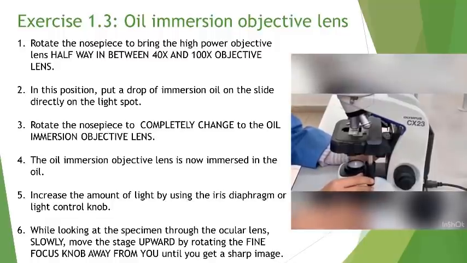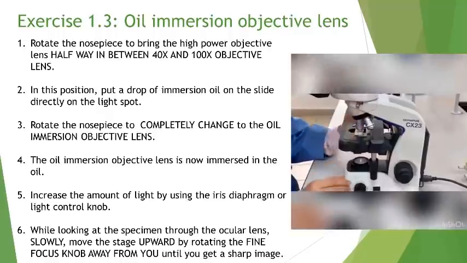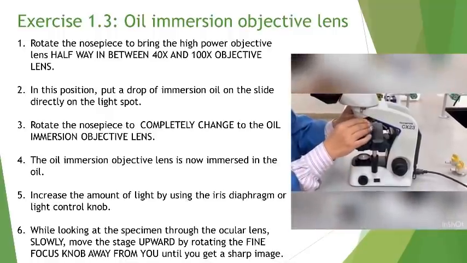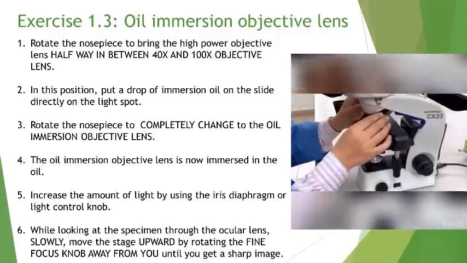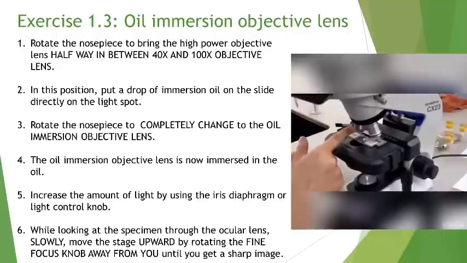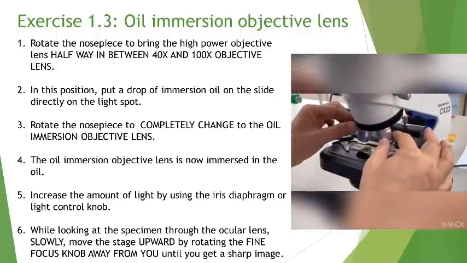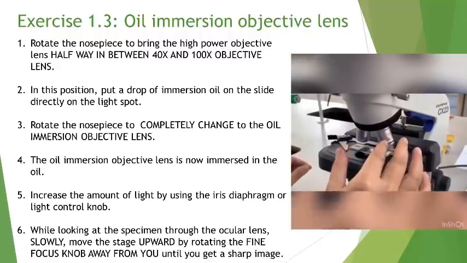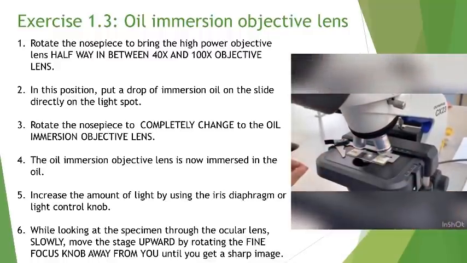Now, to increase to the 100 times objective lens, you need to put the immersion oil. You rotate the nose piece so that the 40 times objective lens and the 100 times objective lens are positioned like that, so that the specimen is in between the two lenses.